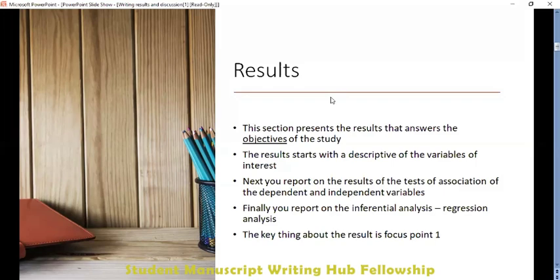So your outcome, your dependent variable, is what you are looking for. That's your objective, what you're trying to look for in the study, while the independent variables are the things you think are influencing those outcomes.